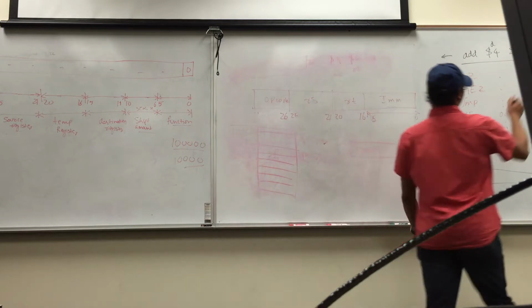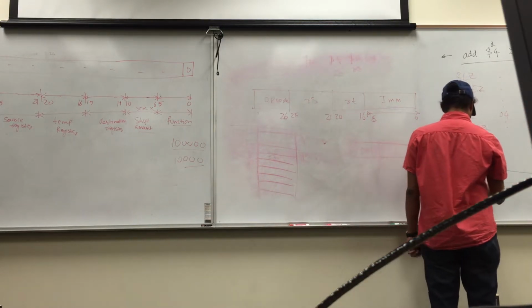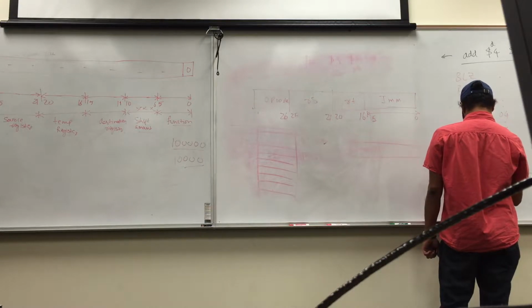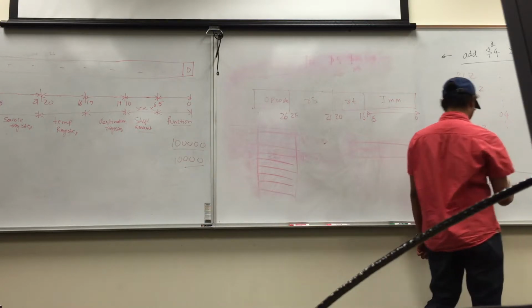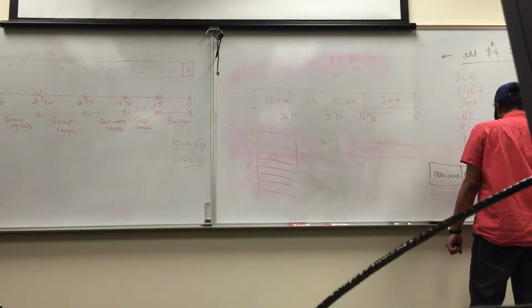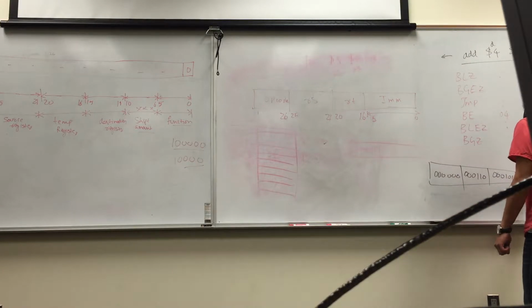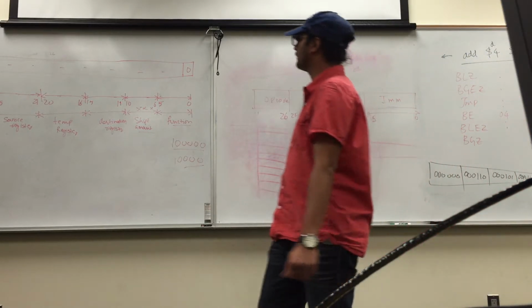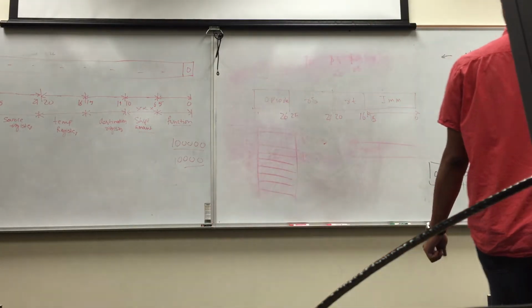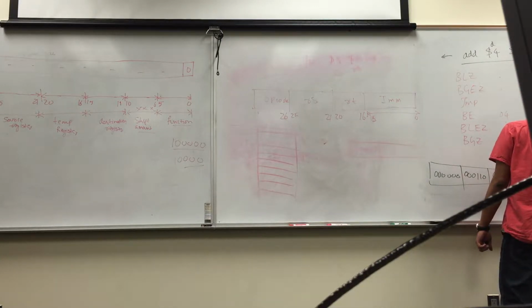Yes, so the address is 6. So you just write 6. And then 5, and then 4. And then the shift amount is 5 zeros.